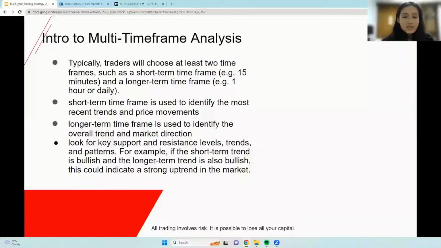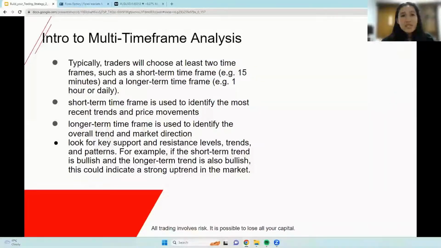Okay, so as a trader, you can use this information to make more informed trading decisions. On the other hand, of course, if your short-term trend is bearish and the longer-term trend is also bearish, you can probably expect it to be a strong downtrend in the market.